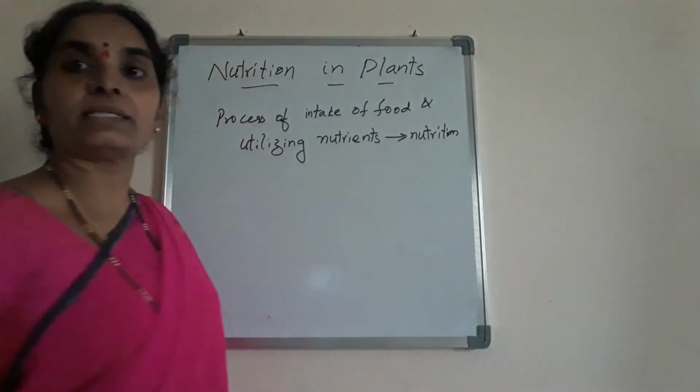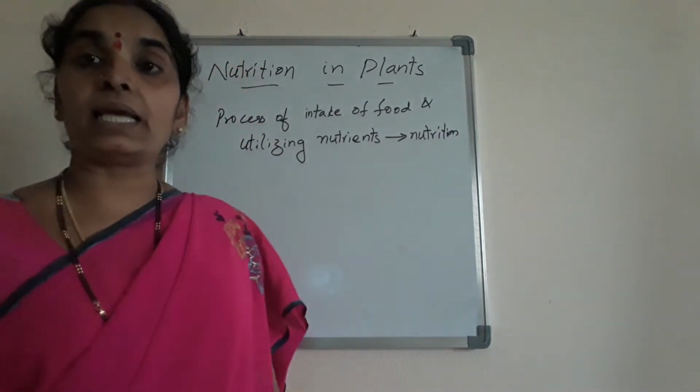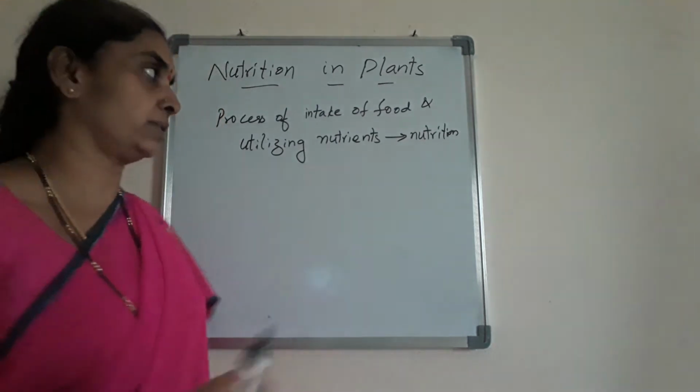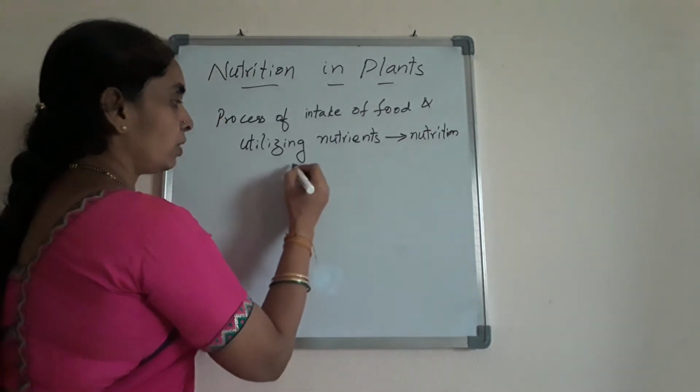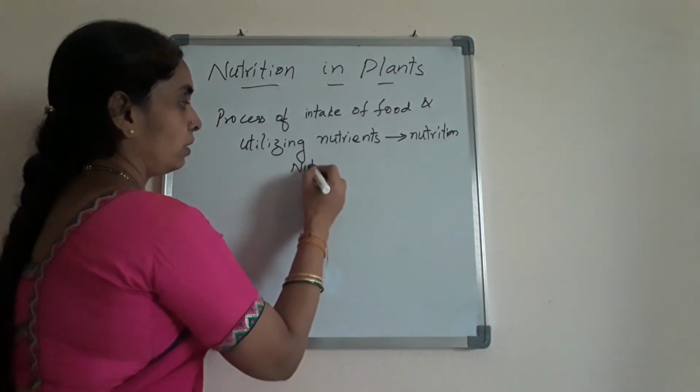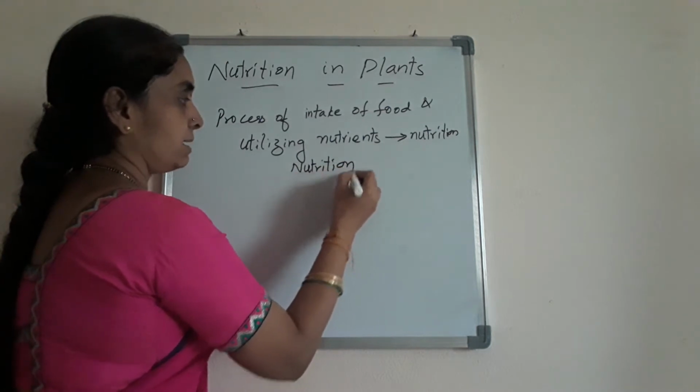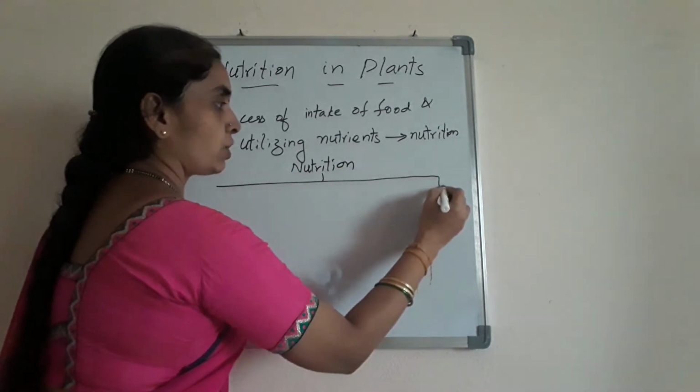So, in plants, we can see that there are two types of nutrition. That is, two modes of nutrition. Nutrition in plants is of two types. What are they?